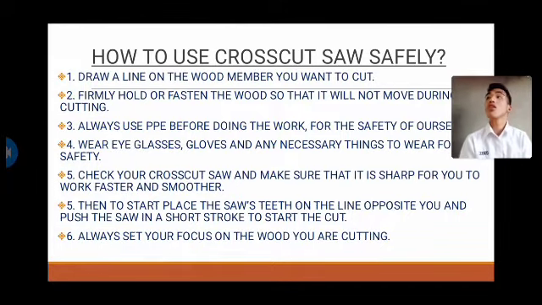Their eyes are on their surroundings, and they don't expect what is the result of their doing. Don't expect that boom, accident. Accident is everywhere.